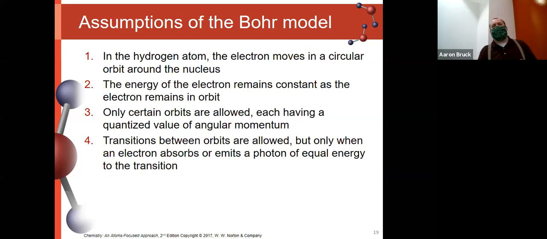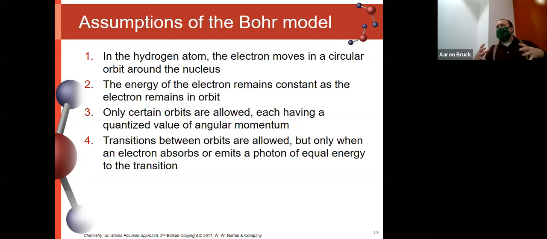So what are the fundamental assumptions? What did Niels Bohr assume when he made this model of the atom? First, he assumed that in a hydrogen atom, the electron moves around in a circular orbit. And so long as it stays in that circular orbit, its energy is at a constant level.